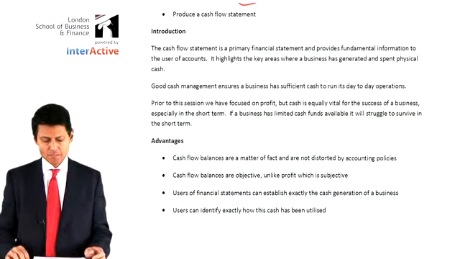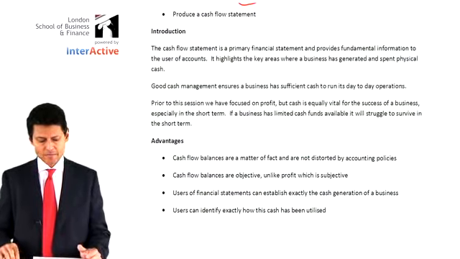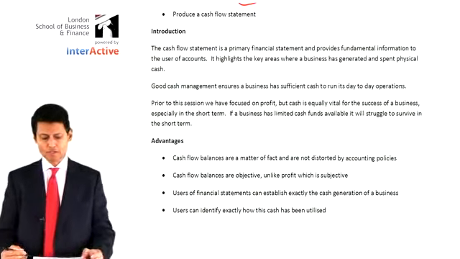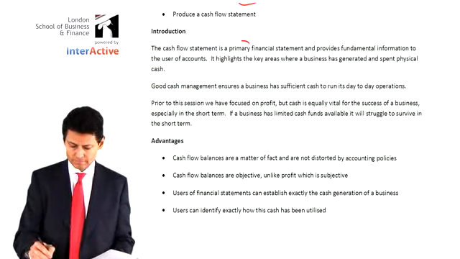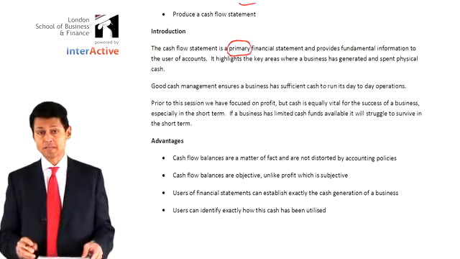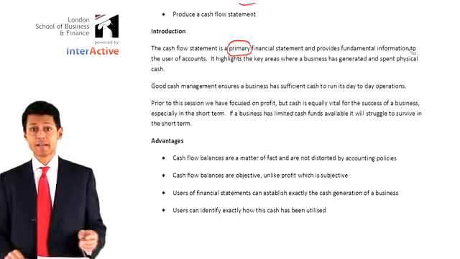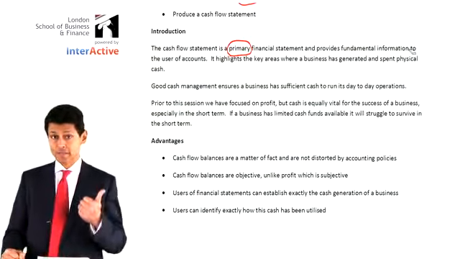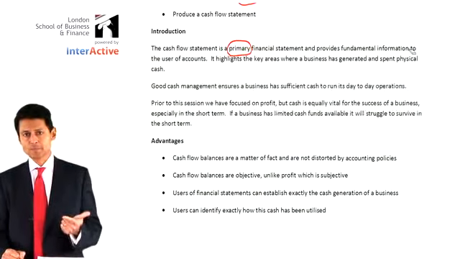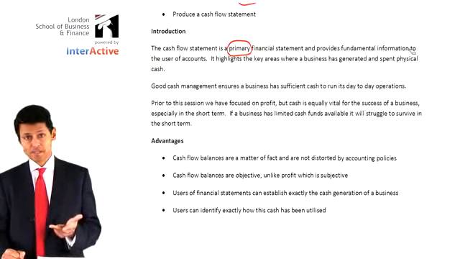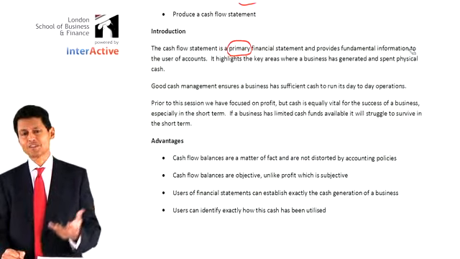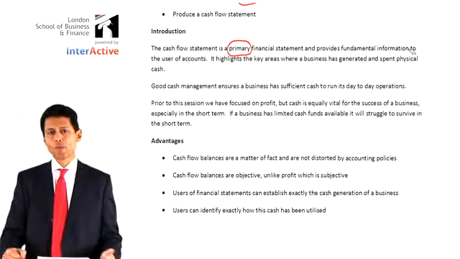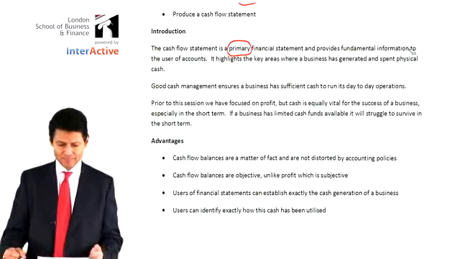The cash flow statement is a primary financial statement and provides fundamental information to the user of accounts. So I'm going to highlight the word primary. Other primary statements, things like the statement of comprehensive income, the statement of financial position, the statement of changes in equity, and so you have the statement of cash flows. So it's like the fourth of the 4, all equally important.